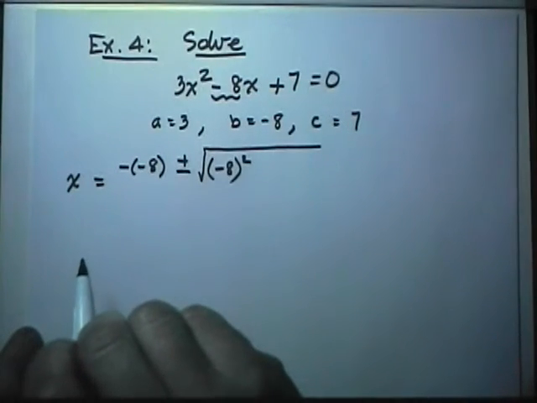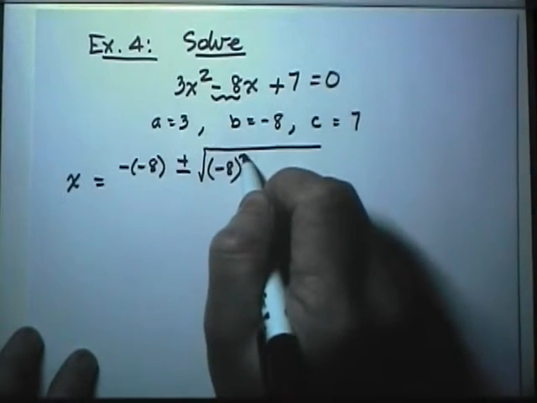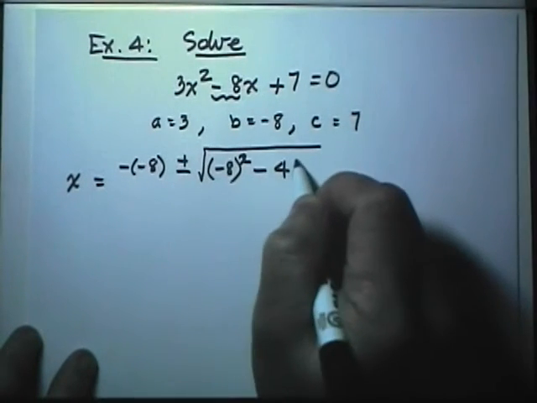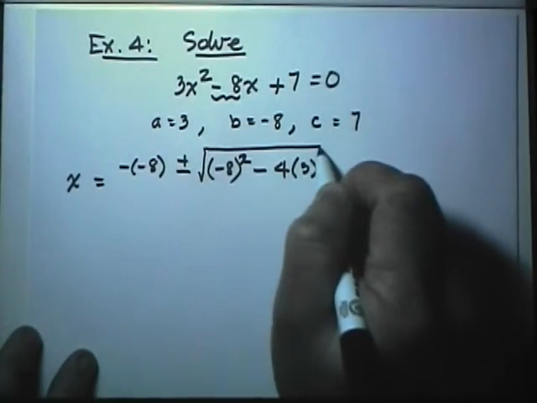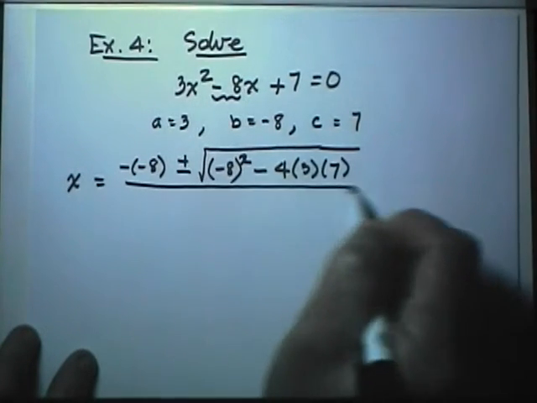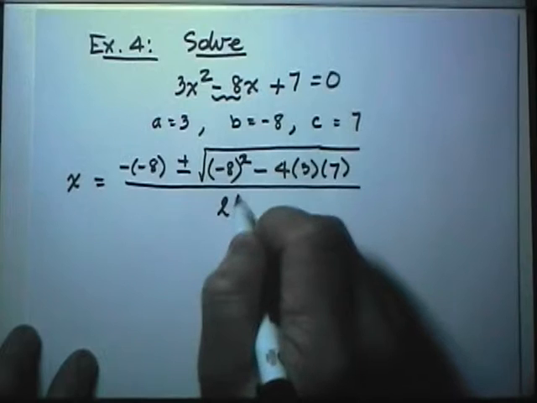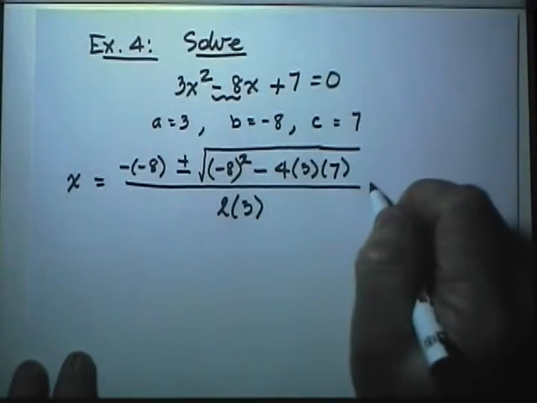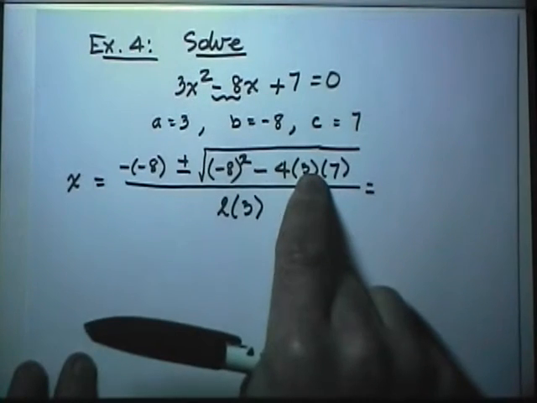I put the minus 8 in the parentheses. And then minus 4 times A, which is 3, times C, which is a 7, and all over 2 times 3.